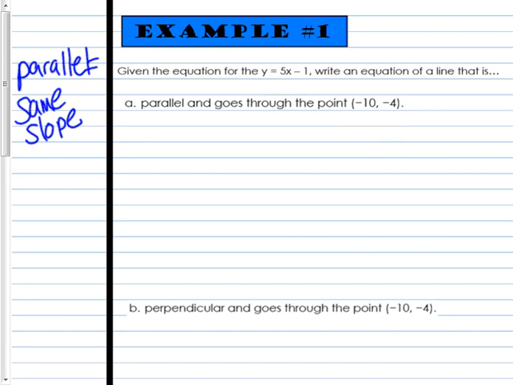And if lines are perpendicular, meaning they form 90-degree angles when they intersect, they have opposite reciprocal slopes. So you turn them upside down and change the sign.